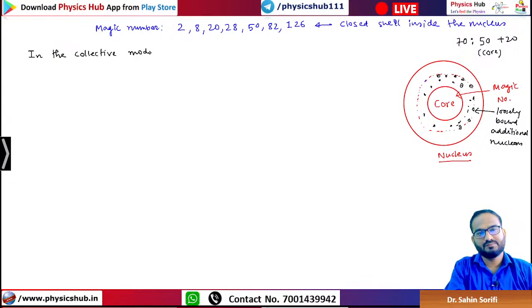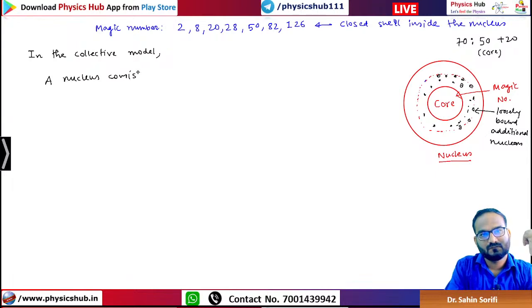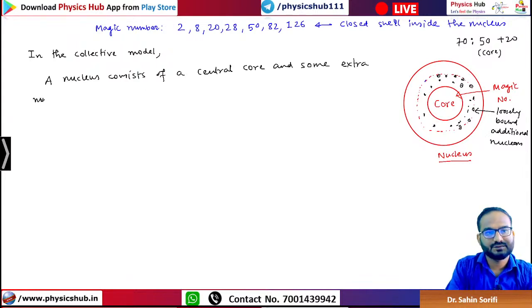In the collective model, a nucleus consists of a central core and some extra nucleons around the core.